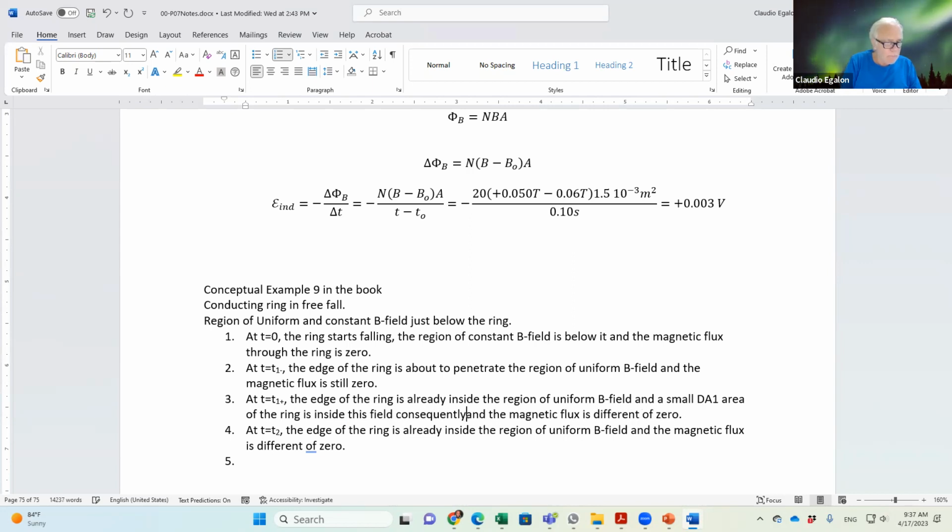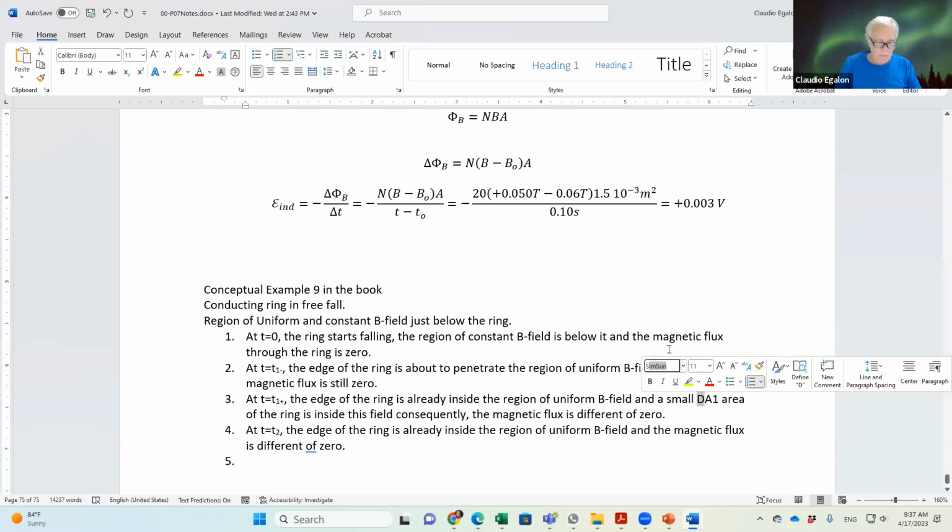Consequently, the magnetic flux is different from zero. Simple.